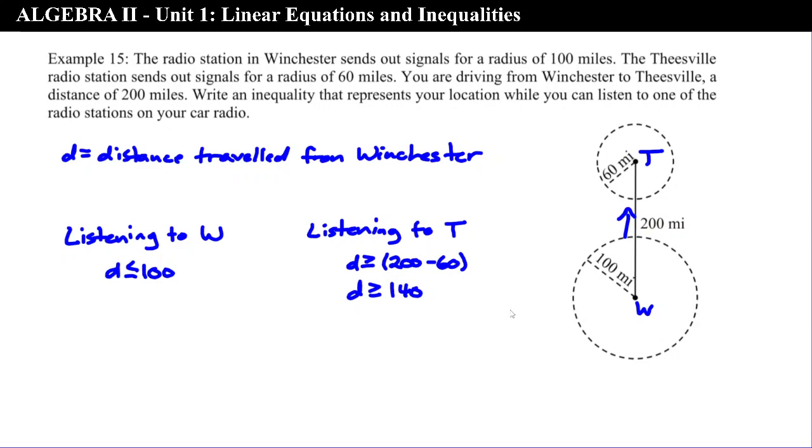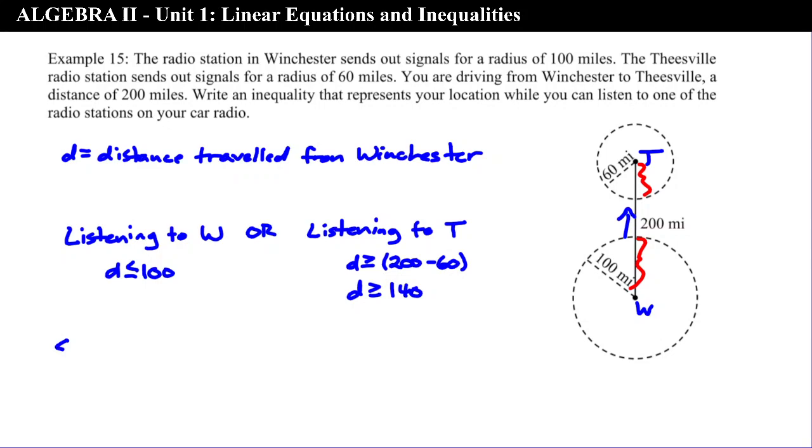Now, think of this distance that we traveled, this line, as our number line. So we have a portion along here that we could hear it, and we have a portion along here that we could hear it. Since we have two parts that we can hear it, and we want to include both sections, then we are going to use an or statement, because we can listen to the radio here, closer to Winchester, or we can listen to it here, closer to Thiesville.